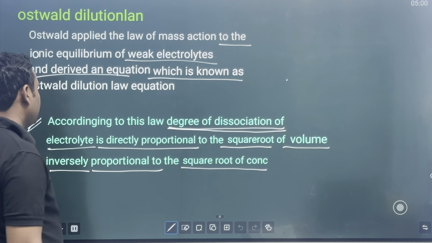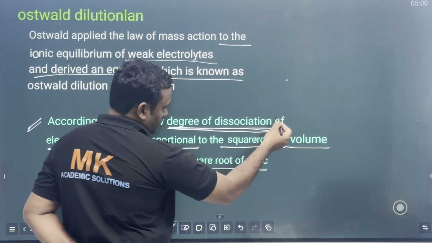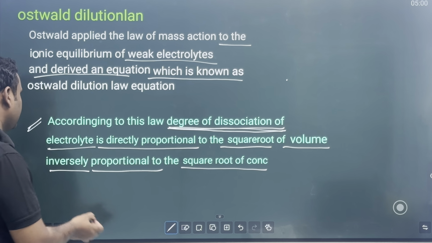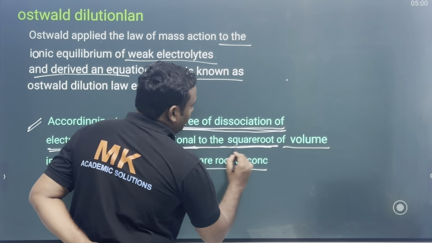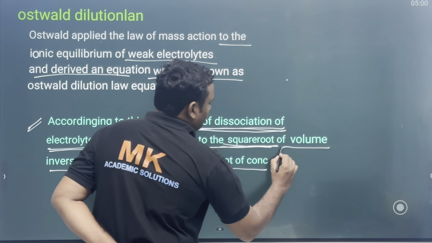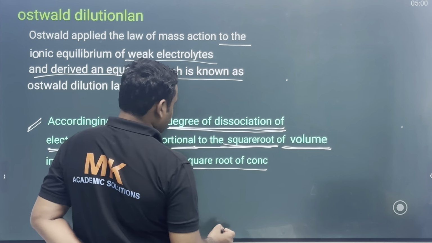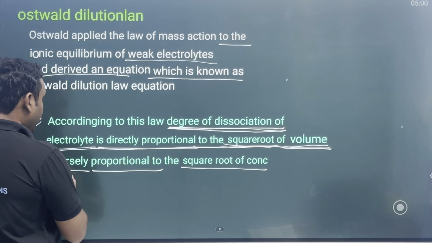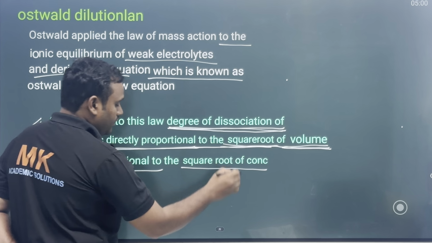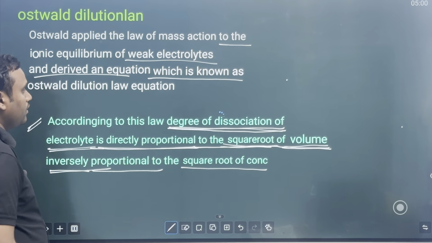According to Ostwald dilution law, the degree of dissociation of an electrolyte is directly proportional to the square root of volume and inversely proportional to the square root of concentration. So now how can we prove this?